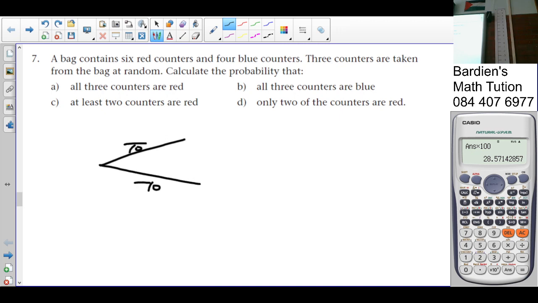It says 6 red and 4 blue. 3 counters are taken from the bag at random. So how many branches are we going to have? This is going to branch off. This is the first counter. This is the second counter.